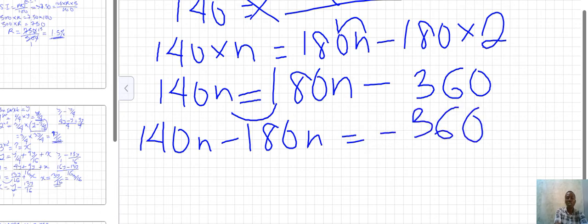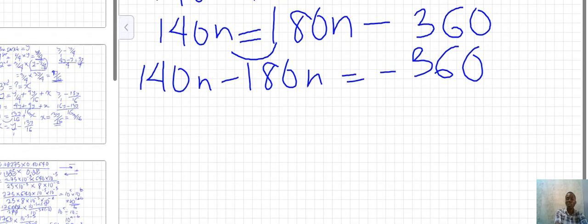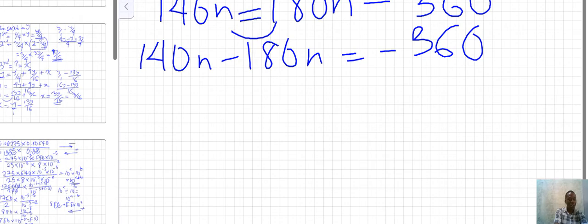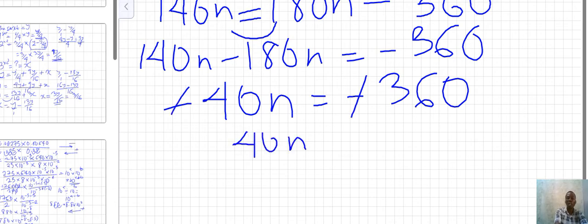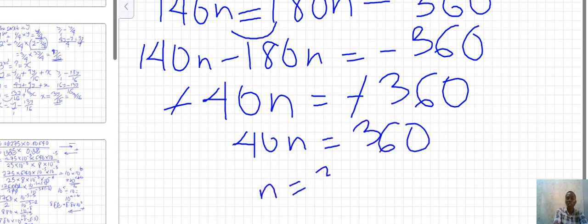So this minus this, remember 140 is less than 180, so it's going to give us a negative value. That will give us minus 40n equal to minus 360. So this minus will cut this minus, and we'll have 40n equal to 360.